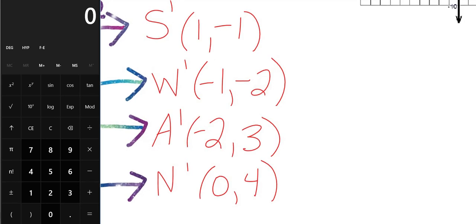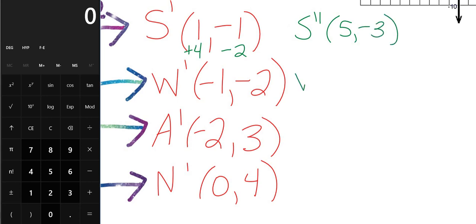Adding 4, subtracting 2. So for the first one, S double prime, 1 plus 4 is 5, -1 minus 2 is -3. W double prime.